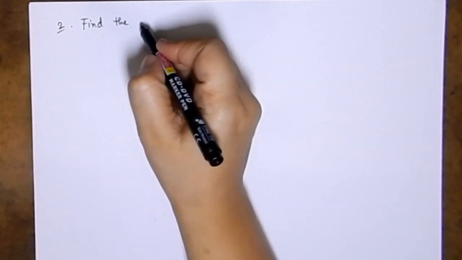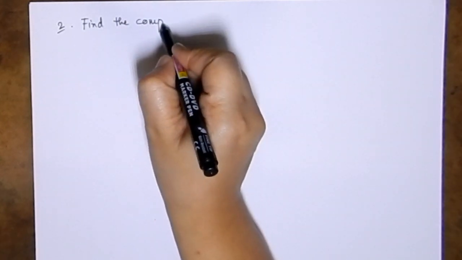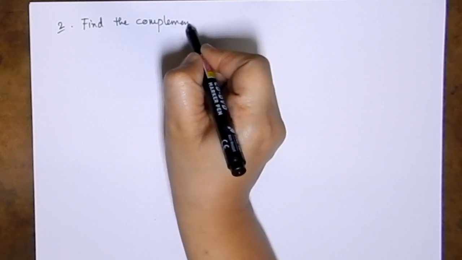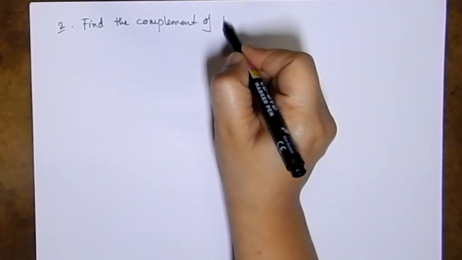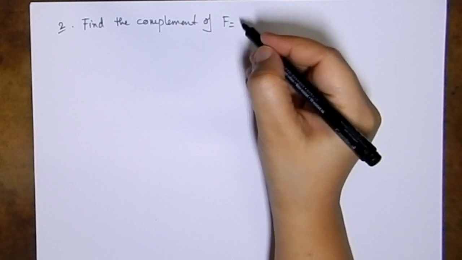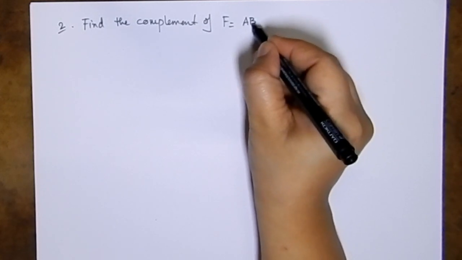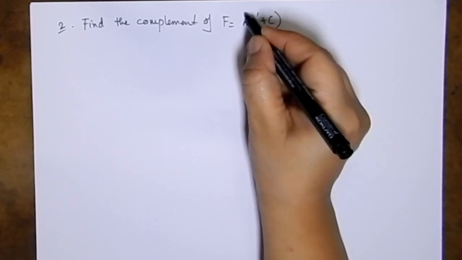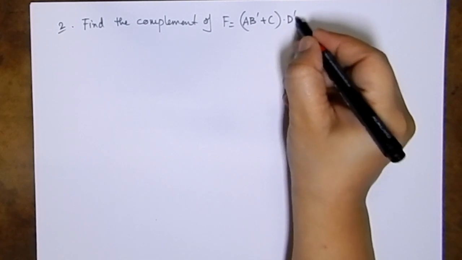Find the complement of f equals ab dashed plus c dot d dashed plus e.